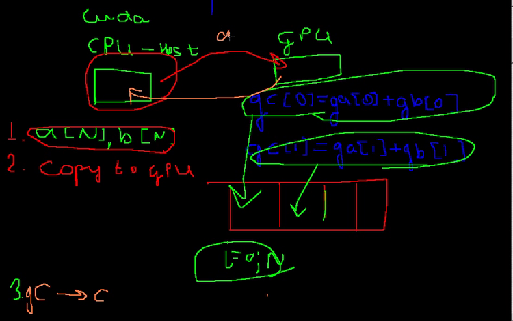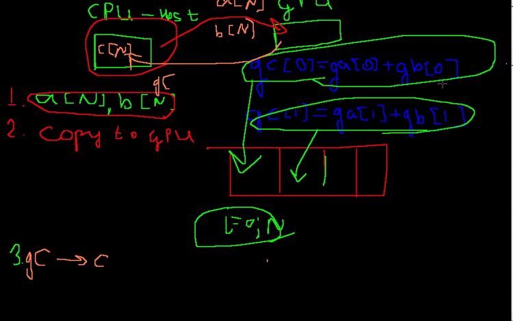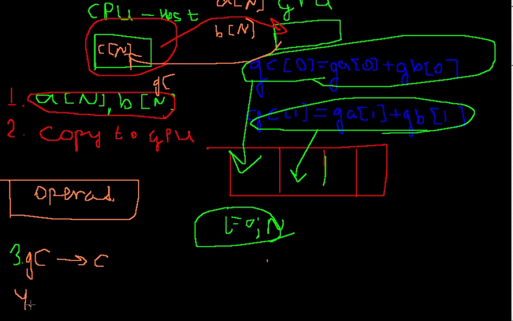I mean, we take cn and gc, return it to the CPU, write the value of gc to the cn vector, and print the output.